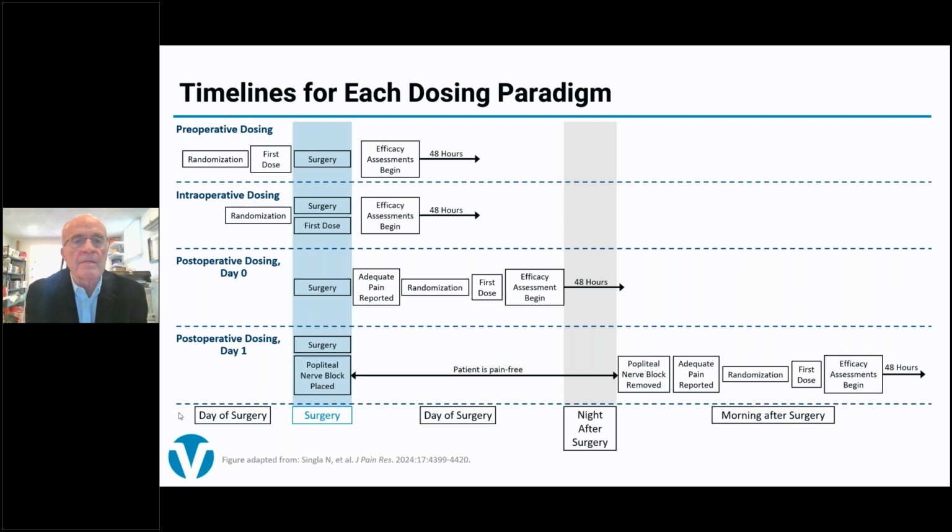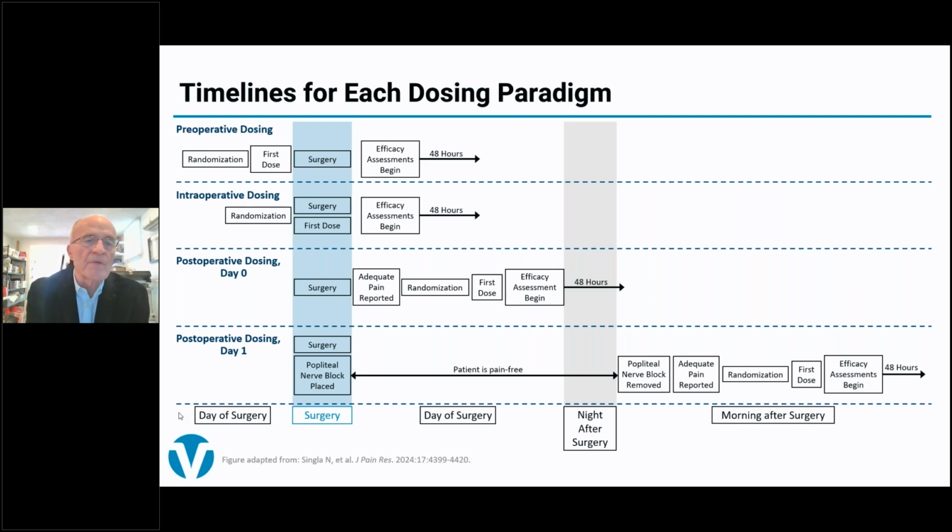So it's going to be a different endpoint, and intraoperative is the same way. You can randomize and then do the surgery in which you provide the study drug, and then you make the assessments over the next 48 hours, roughly, depending upon the model. Obviously, if it's a third molar, it would be just 24 hours, but if it's bunionectomy, it could be 48 hours up to 72 hours.